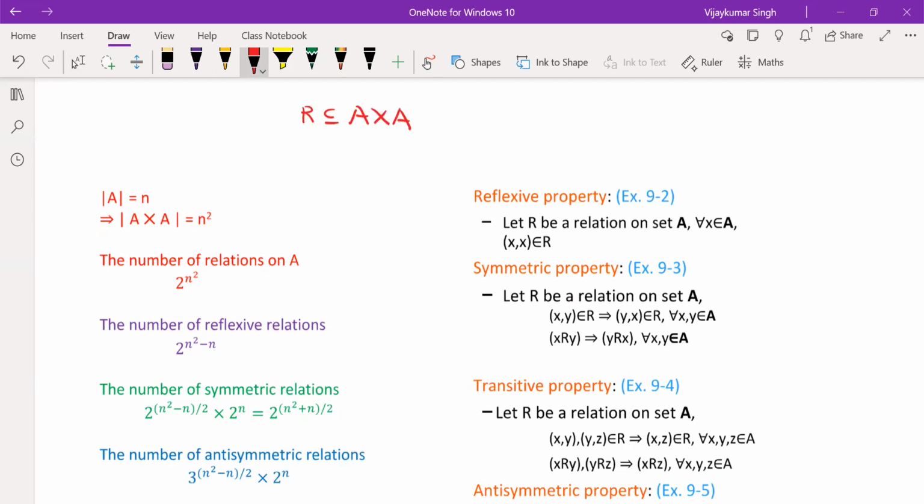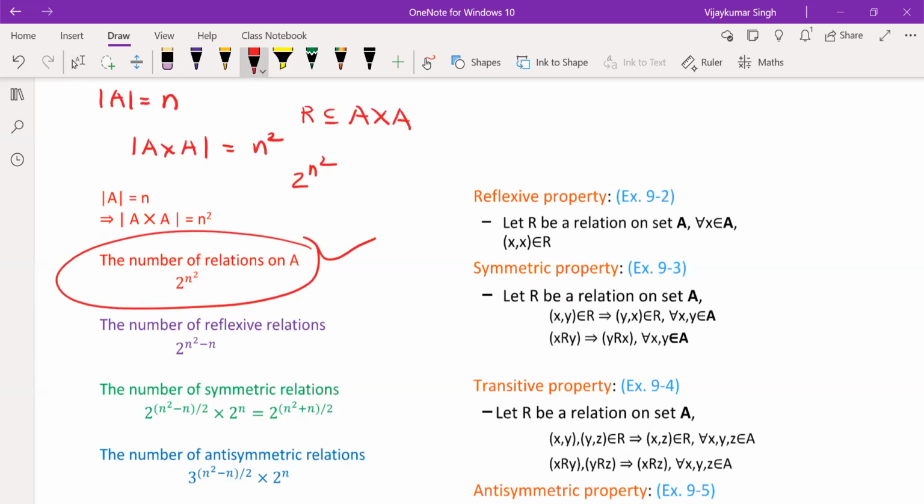The size of A is n, so the size of A cross A is n squared. The size of the power set of A cross A is 2 to the power n squared. Therefore, the number of relations on A is 2 to the power n squared. Does that make sense? All right.